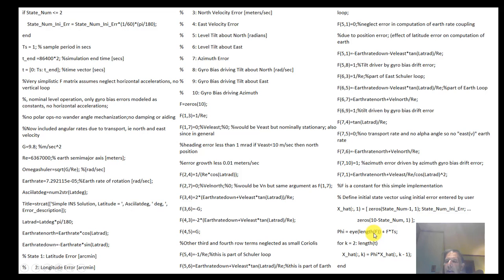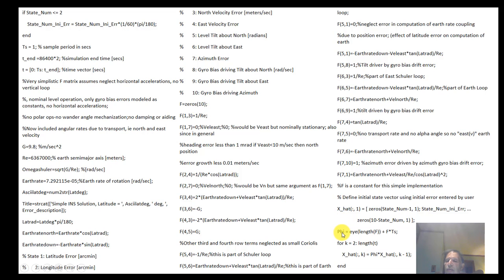It's a Taylor series expansion for e to the F delta T. That is the transition matrix for differential equations with constant coefficients.